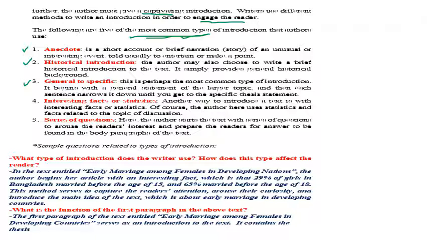General to specific. When you are writing about pollution, for example, you talk about pollution in general, then you narrow it down to water pollution, and then you talk about the specifics. Interesting facts and statistics, one of the most popular forms of introduction, mainly anecdotes, interesting facts and statistics.